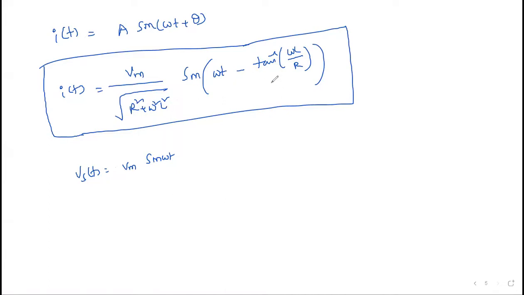And if you take the angle, here current is having negative angle. Understood this? Now you tell me, current leads or lags Vs of t? Current is leading Vs or lagging Vs? It's lagging.